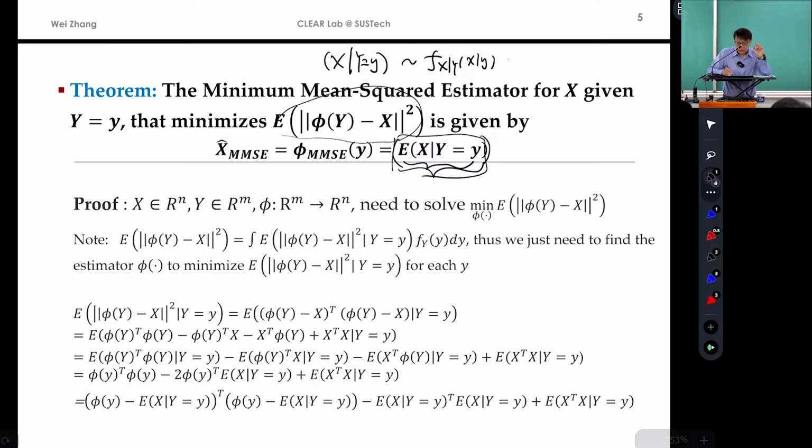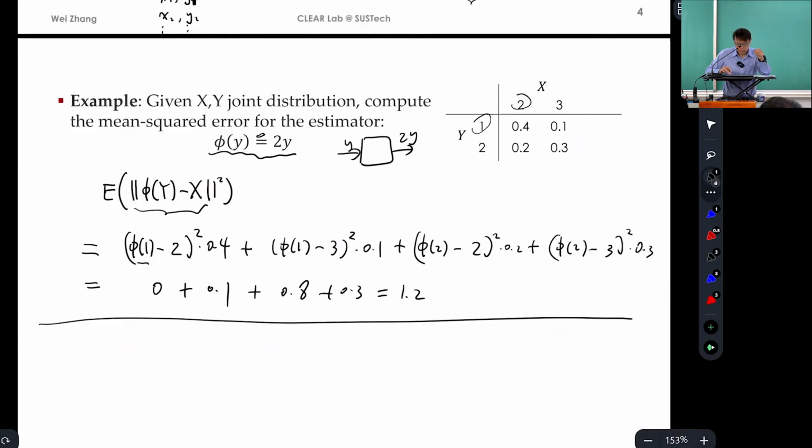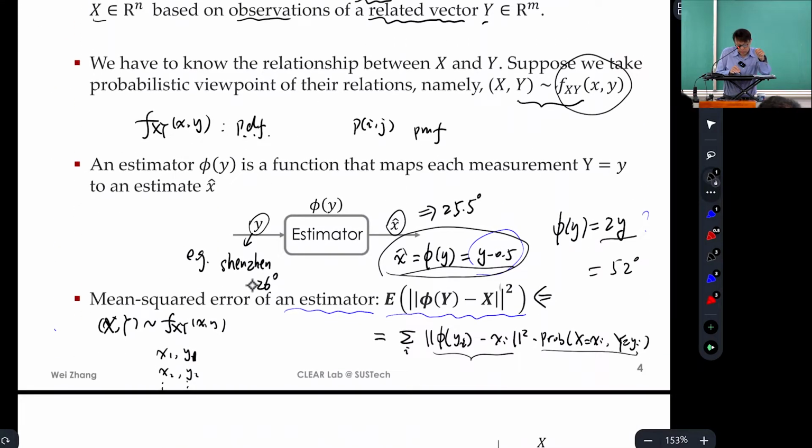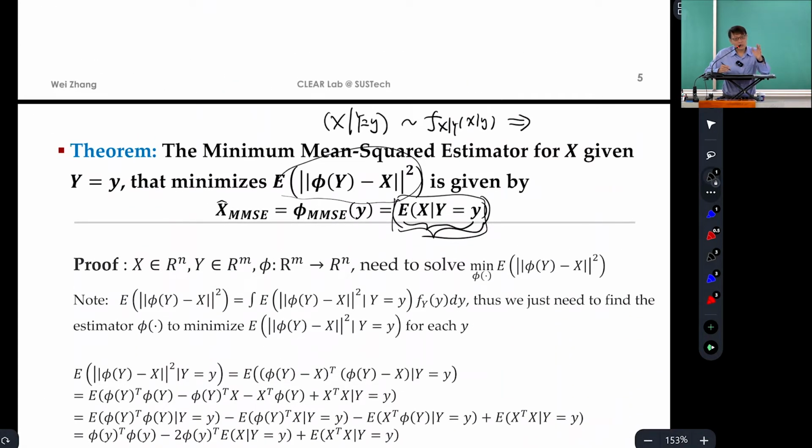Using this, I can compute the expectation of X given Y equal to y. This will be a number, but that number depends on whatever you plug in for the condition y. So if I give you 26, you tell me it's 25.5. If I give you 27, this will change as well. So this depends on the realization of the random variable Y.